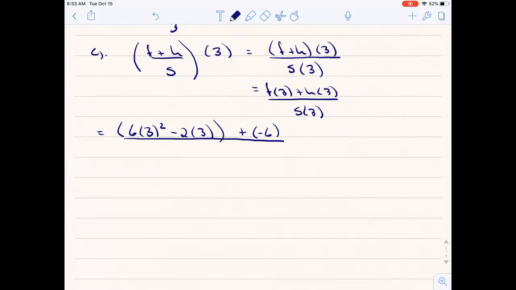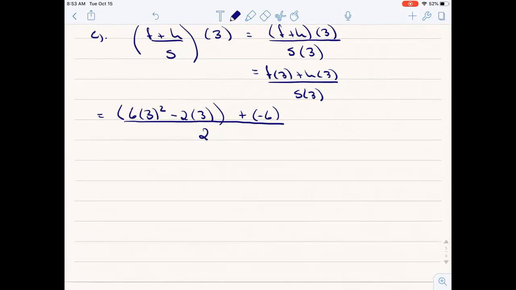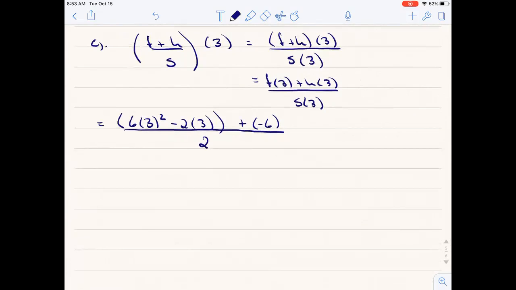And then again, S of 3 we decided was 2. So the only new player is F of 3.